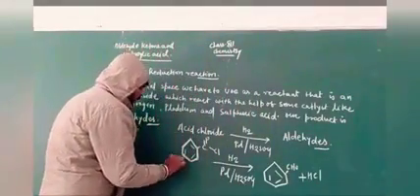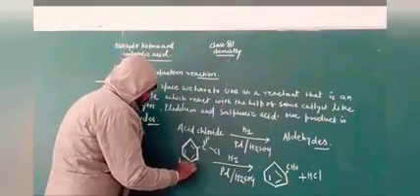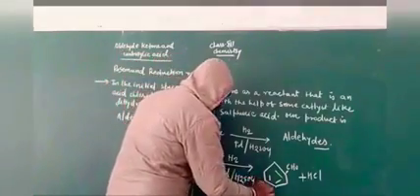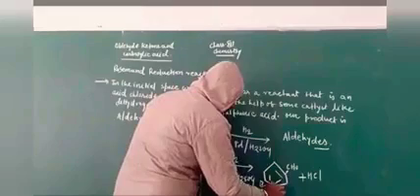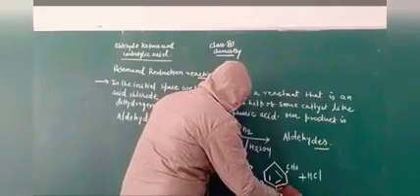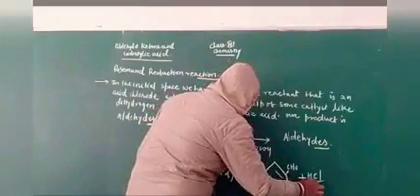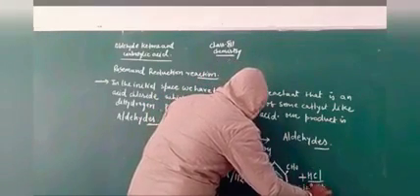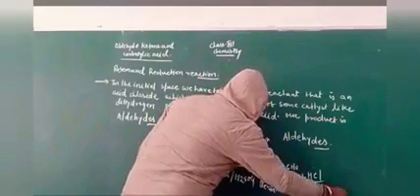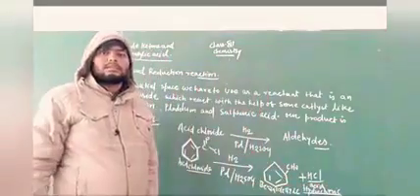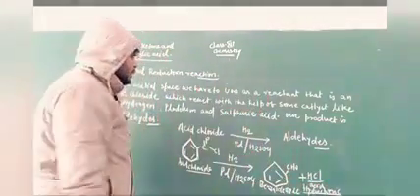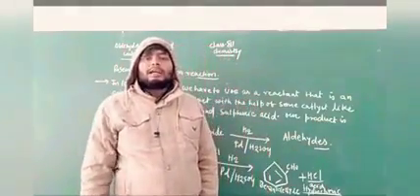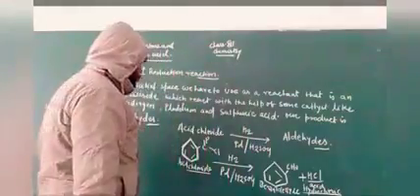That means this is your acid chloride, this is your benzaldehyde, and this is your acid, hydrochloric acid. That means this formation directly leads to the preparation of only the aldehyde.